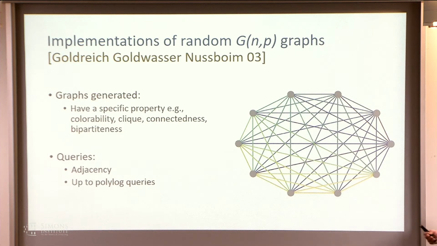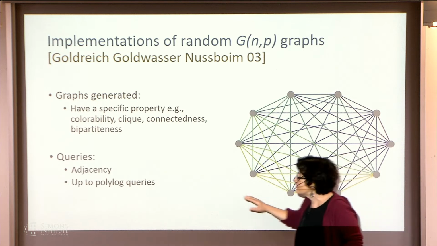Okay, so let's just talk about graphs. Goldreich, Goldwasser, and Nussboim give some implementations of G(n,p) graphs, this is what I just said, that have a specific property. I mentioned planted Hamilton cycle, but they also have colorability, clique, connectedness, and bipartiteness properties. The kind of queries they talk about in this work is mostly adjacency.